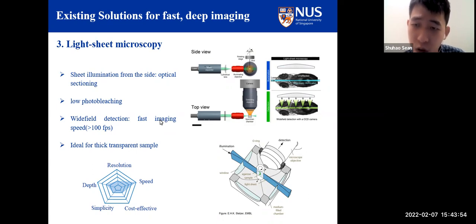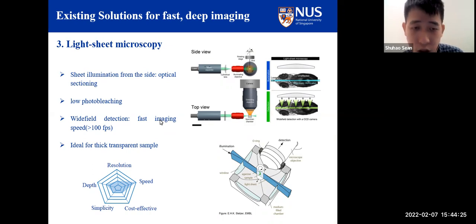Nowadays, the light sheet microscope is regarded as the gold standard for three-dimensional imaging of relatively transparent small animals, such as zebrafish and fruit fly. However, when it comes to imaging thick and non-transparent specimens, the image resolution will be very poor because of the light scattering in the tissues.